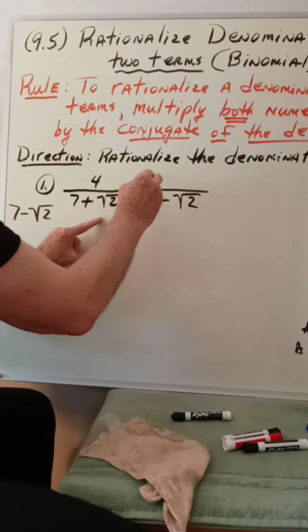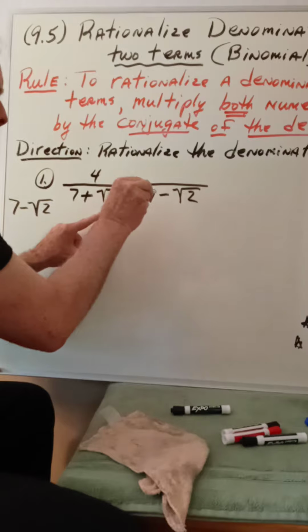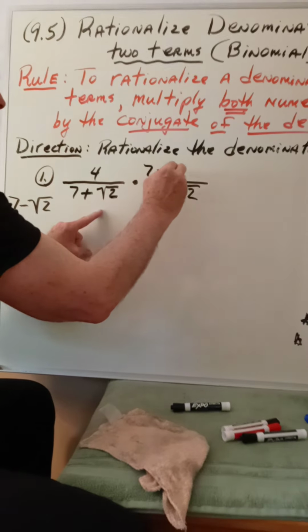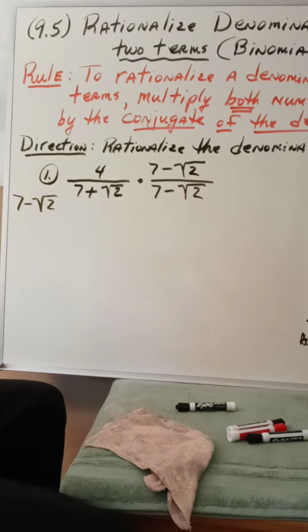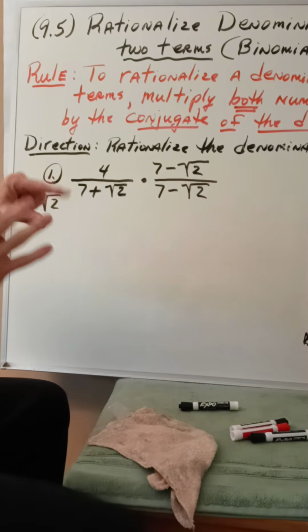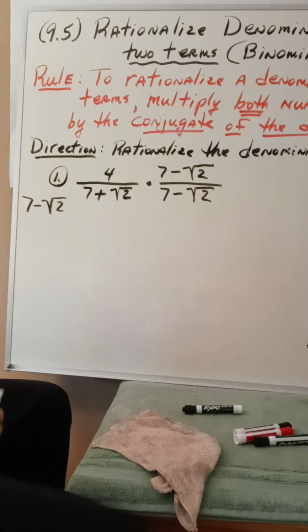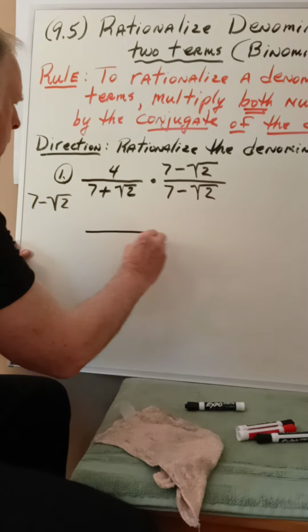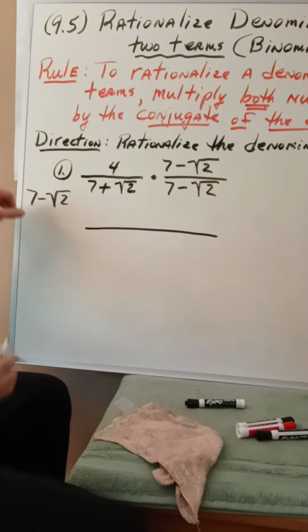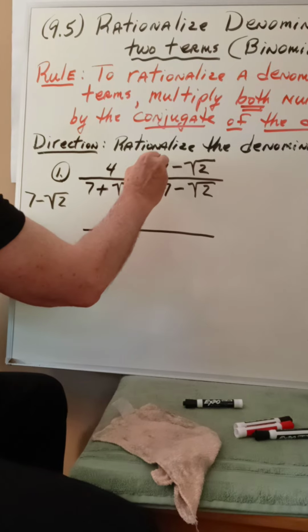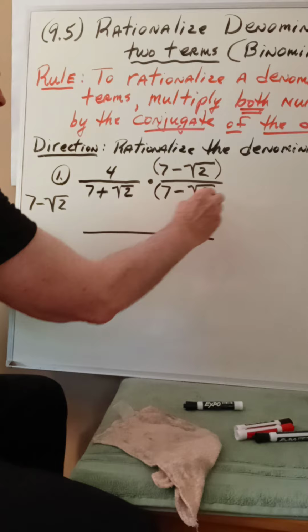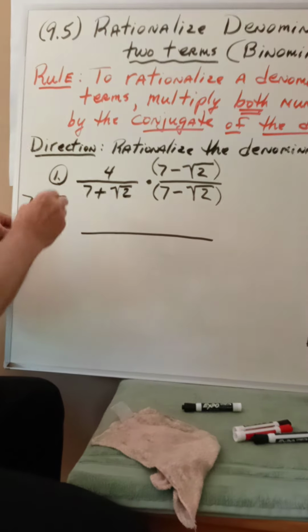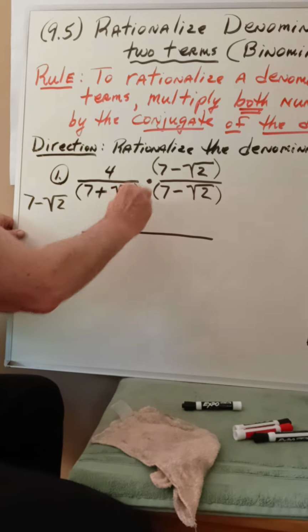And we're going to multiply both numerator and denominator by that. So there is the look that we've got. So we're going to bring down a line. And I'm going to go ahead and tuck that binomial there, and I'm going to tuck that one as well. And for good measure, I'm going to tuck him.